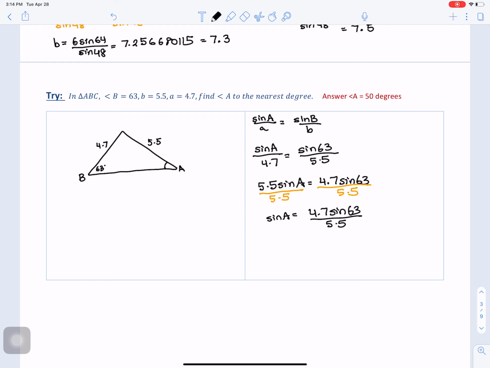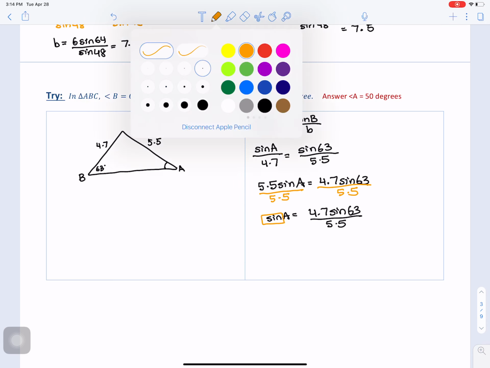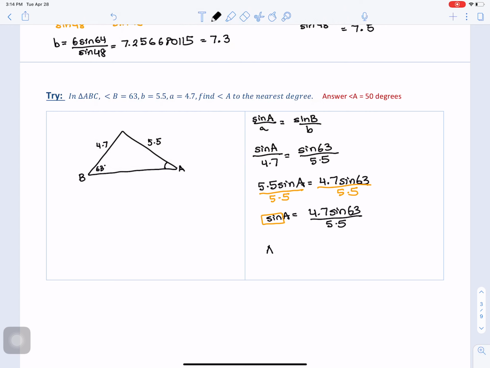Now again, the word sine comes in the way of my A, and sine is a function. So if I need to undo this function, I need to use the function's inverse, which is sine inverse. And on the calculator, the sine inverse is the same as pushing second and then the sine button. So sine of 63 times 4.7 divided by 5.5. So on your calculator, you're going to go second sine.